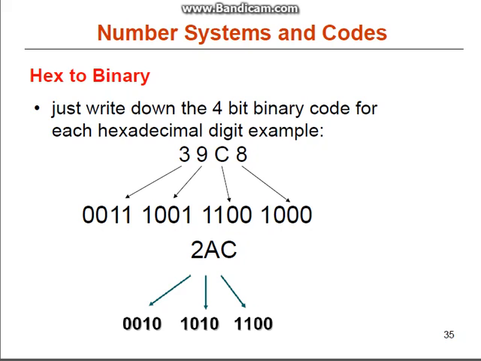The equivalent binary number is here, 9 is the same here, and 3 over here. And then you just group them up together, the same as this one over here. A is 10, 10 is represented as 1010. So we are talking about from hexadecimal to binary.